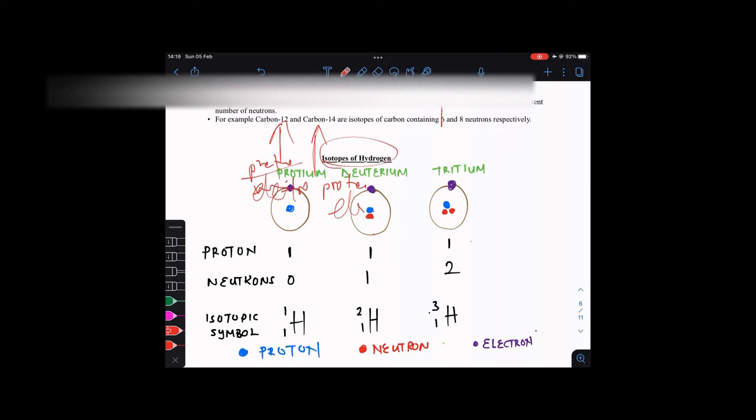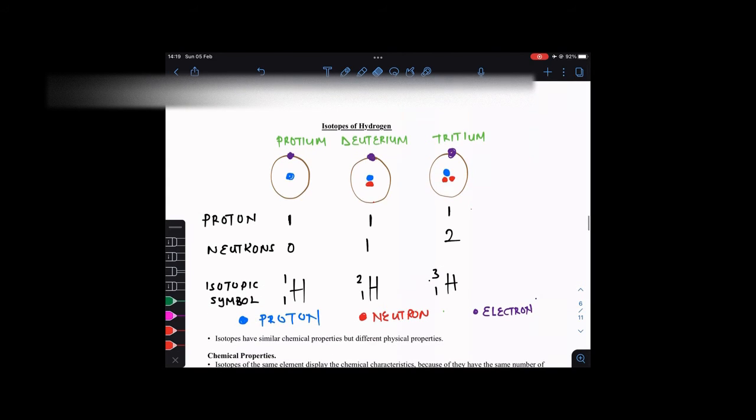So for this one you have 6 neutrons, and for that one you have 8 neutrons. But the number of protons and electrons are the same for isotopes. I've included several examples for the isotopes of hydrogen. The proton number remains the same, and the same applies to electron number.